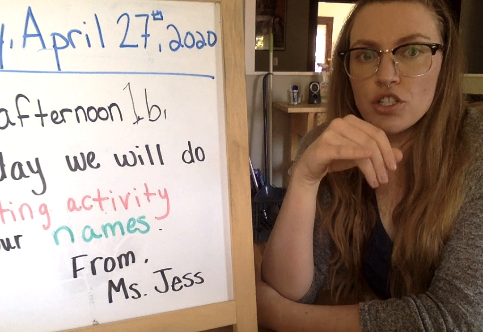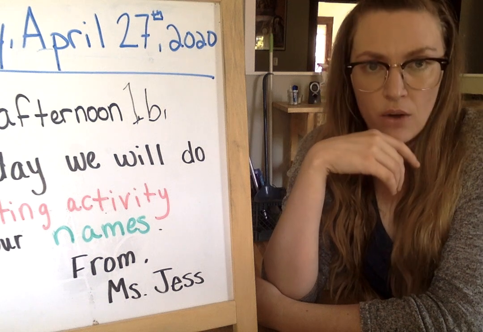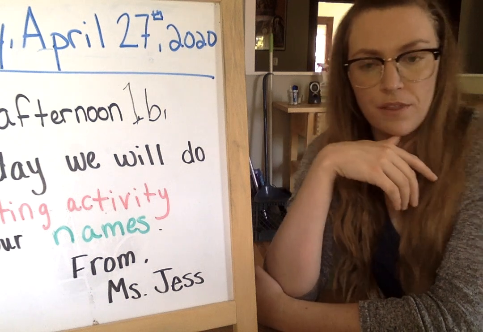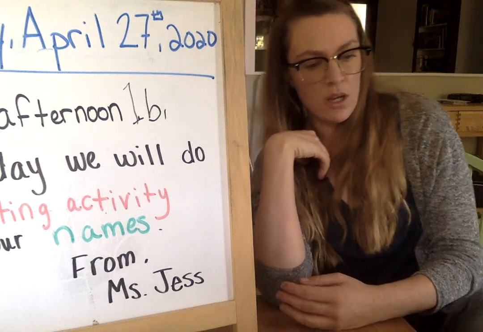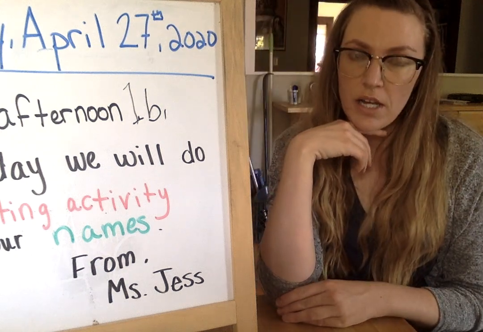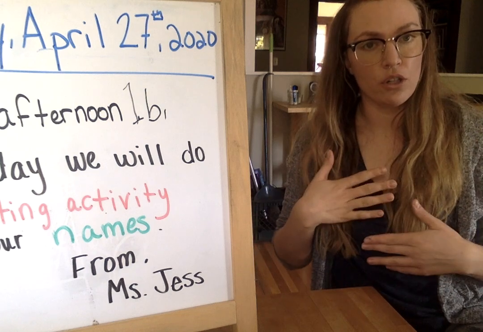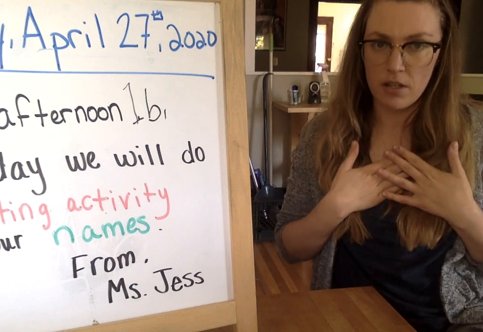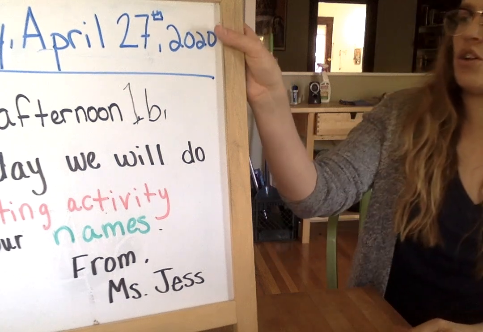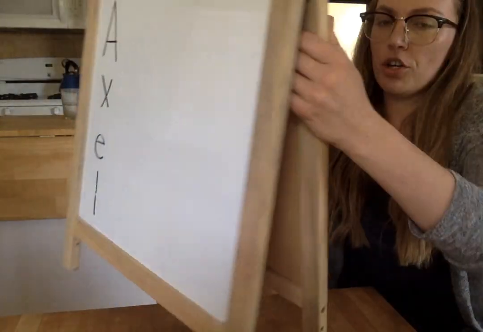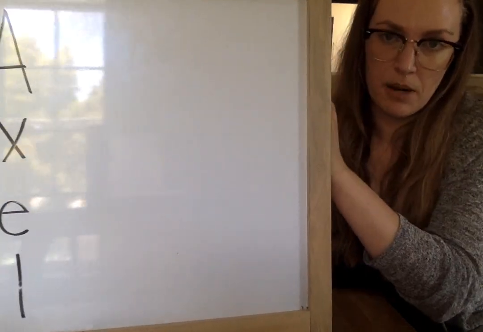Oh, right. An adjective describes a noun. A noun is a person, a place, or a thing. So we can choose colors as adjectives, numbers. We can describe how a person looks or how their personality is. All right. So I'm going to go ahead and do an example first.